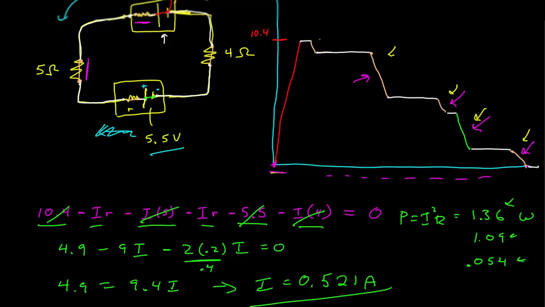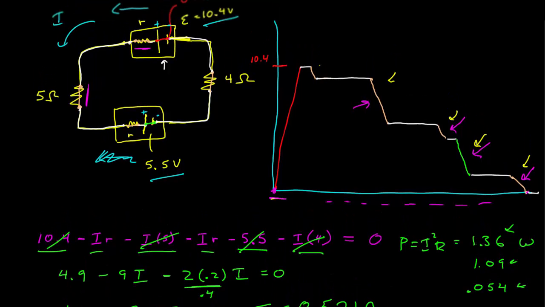So that's our introduction to looking at Ohm's law circuits. Around any loop, the total potential change has to be 0, and it's sometimes useful to look at this graphical representation of how the voltage is changing through each circuit, and that can help you identify the signs as well as what's happening to the voltage through each element in the circuit.